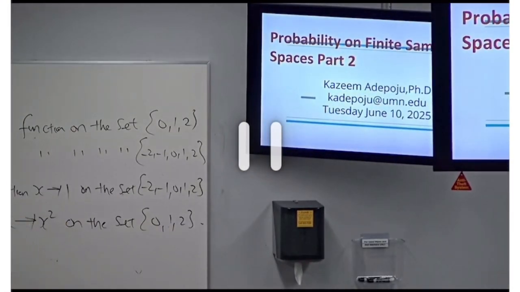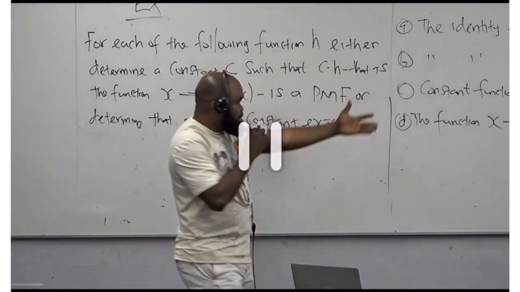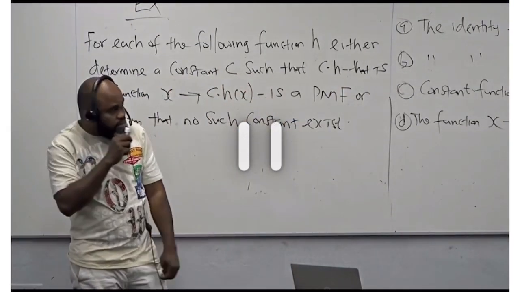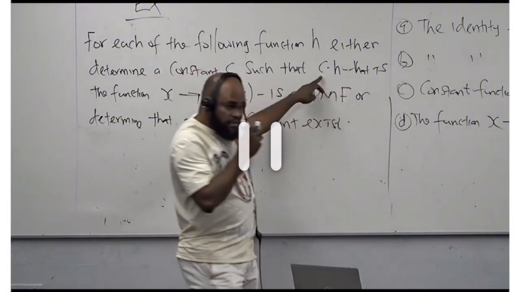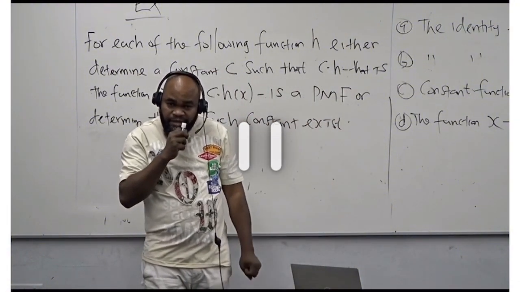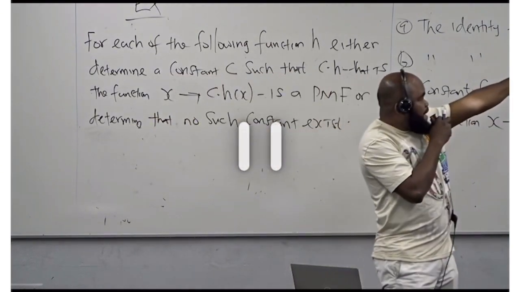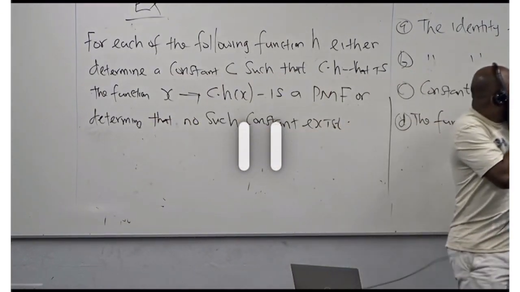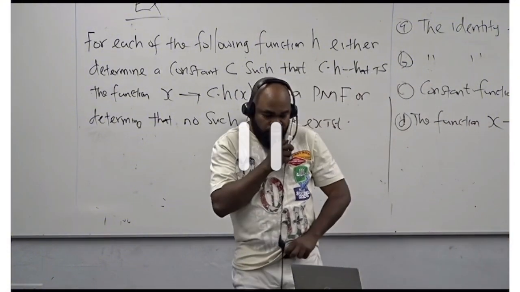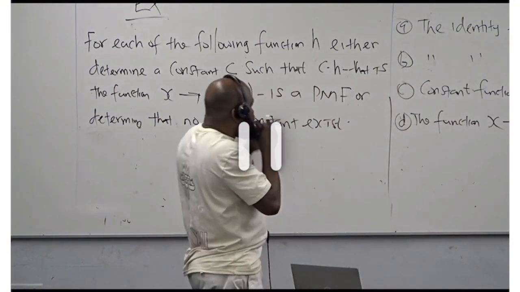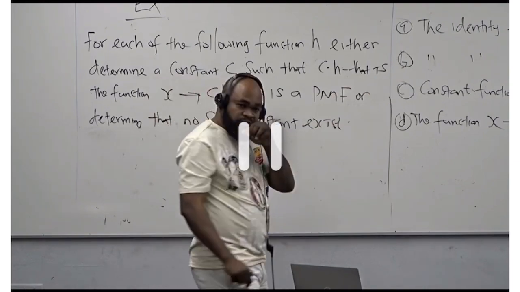Please, I need you to pay attention. What is this actually asking us to do? They want us to figure out the value of C, a constant, in such a way that, for the first one, we are taking the set 0, 1, and 2, and it's an identity function.